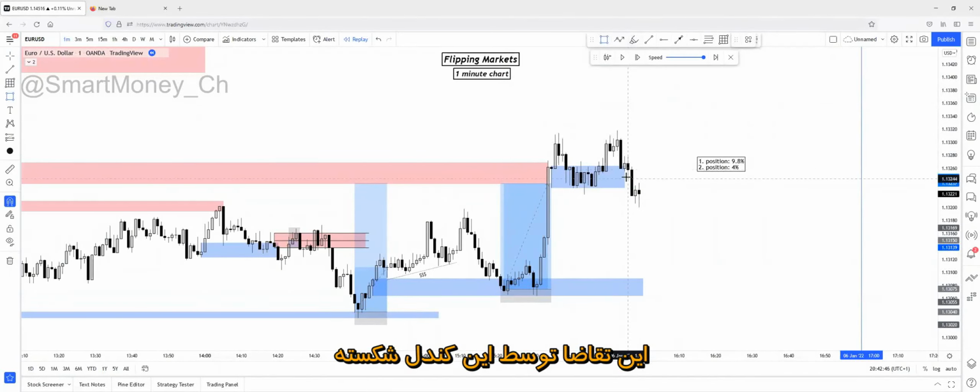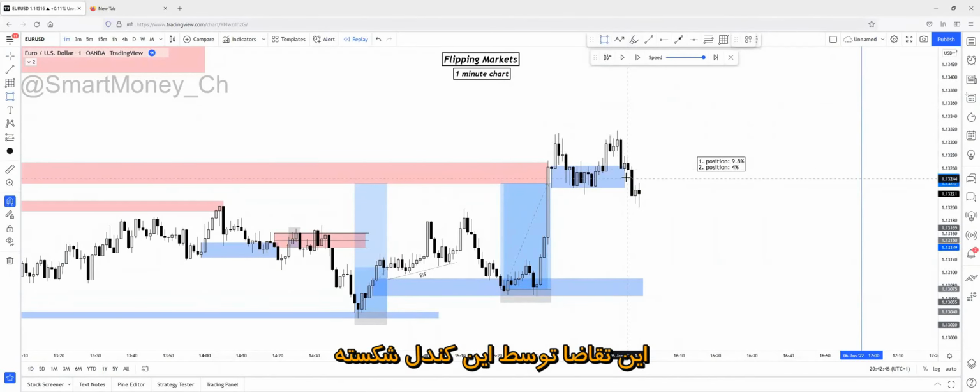Yeah, I wouldn't use a risk entry on this demand zone in this case, because it's not similar to the first one. The first one had a 4-hour change of character, a 15-minute change of character, a 1-minute change of character, every single confluence, every single criteria, an eight-criteria entry. So we could easily use a risk entry in that scenario.